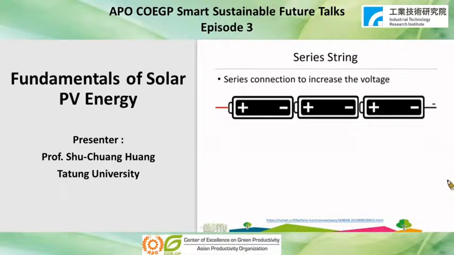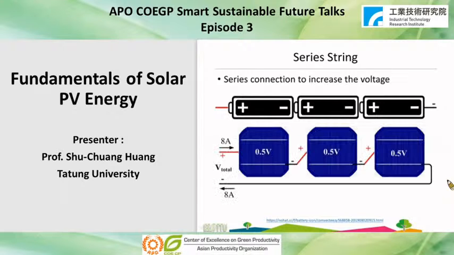Just as in the battery connection, the solar cells can be connected in series to increase the voltage. So, for example, if we have 3 cells in series, each of them is 0.5 volts, the overall voltage will increase from 0.5 volt to 1.5 volts.